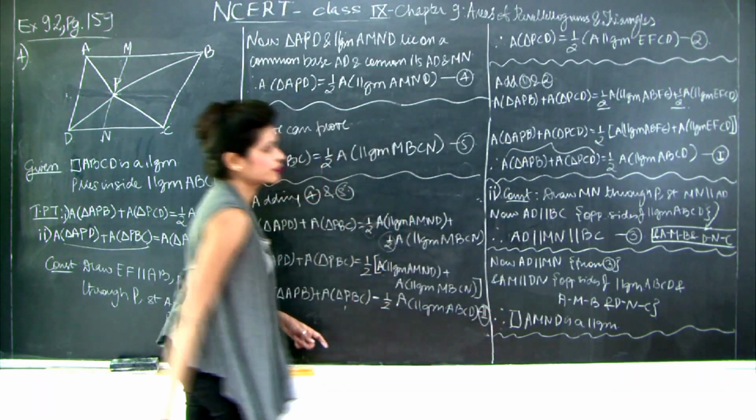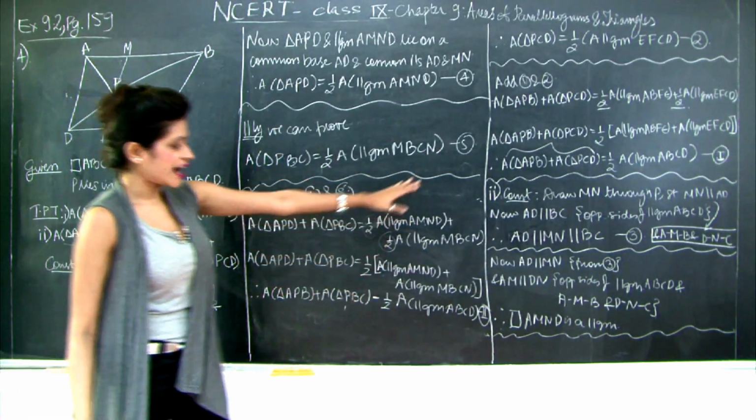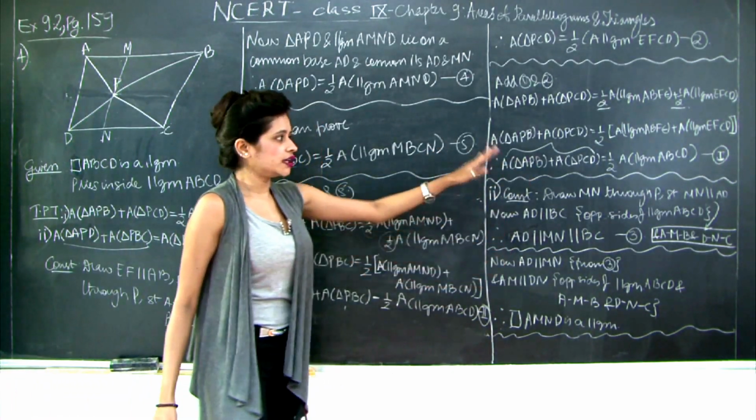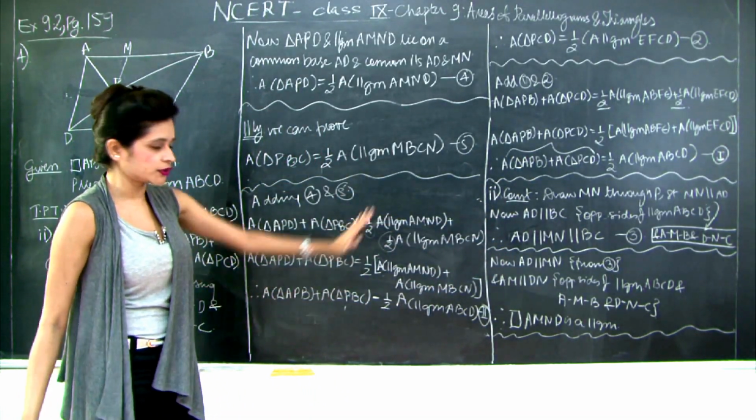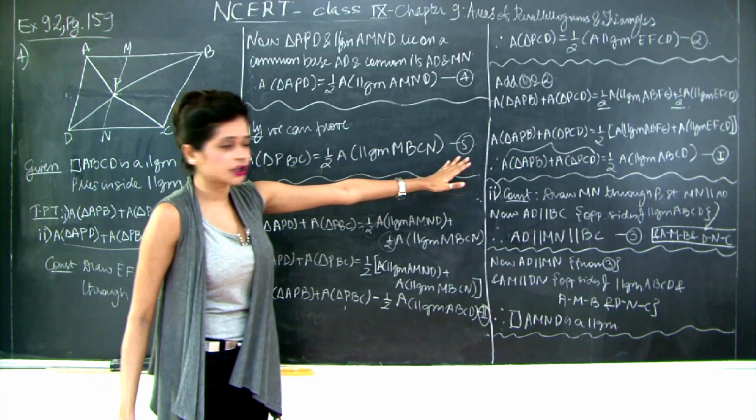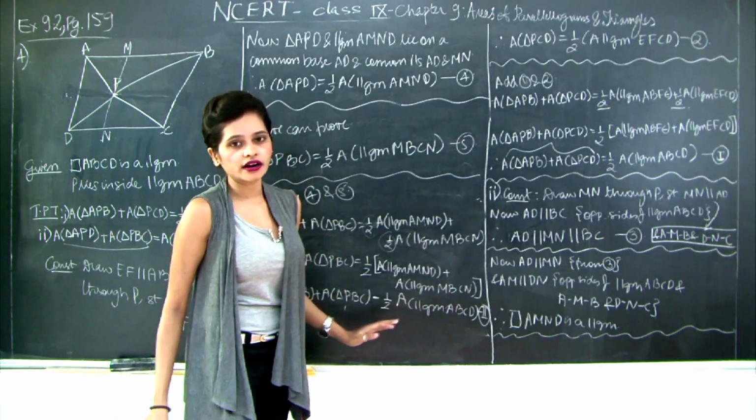So what do I get from 1 and 2? I have the right hand sides equal. So equals that are equal to the same thing are equal to each other. Therefore, my left hand sides of equations 1 and 2 are equal.